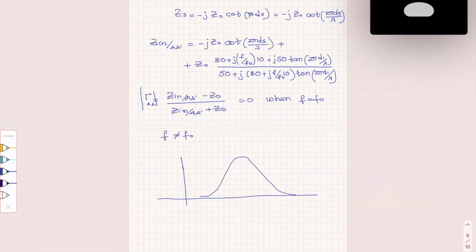Okay, where magnitude, where this is going to be 0, excuse me, sorry, the other way around. Where this is going to be 0, and this is going to be whatever other numbers, all right?